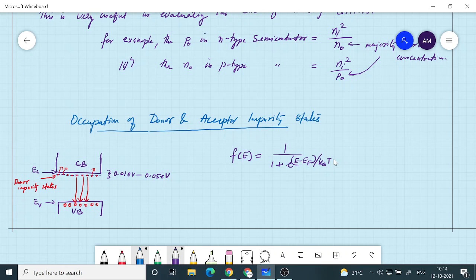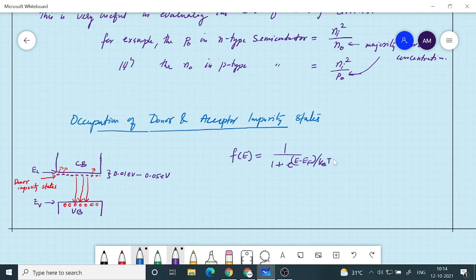So each state in the conduction band can be filled with either an upspin or a downspin. But the problem with the donor impurity state is that we are adding, say, a phosphorus atom or an arsenic atom, which has one extra electron in it, which is loosely bound. If that one electron moves out, then there is a vacancy there. You can't put two electrons into that state.